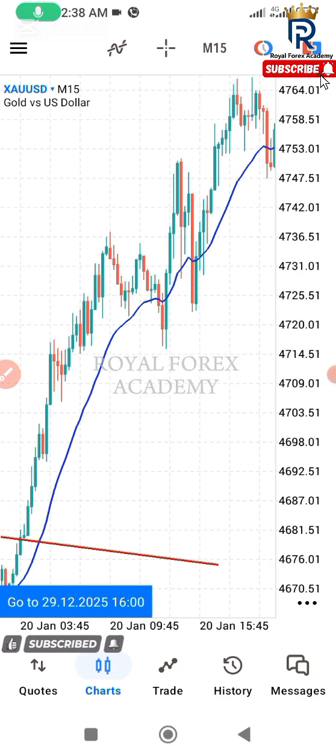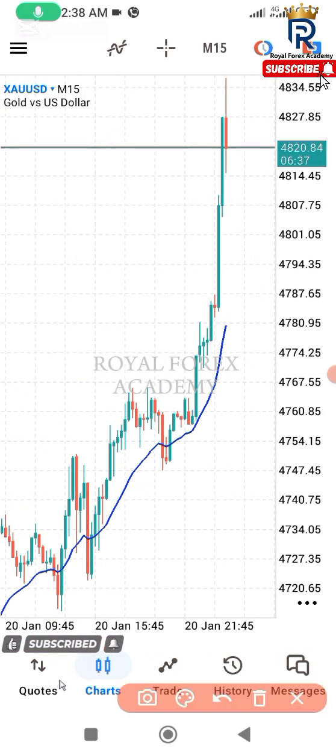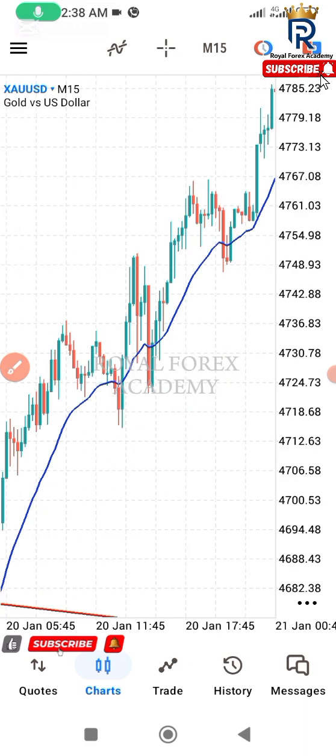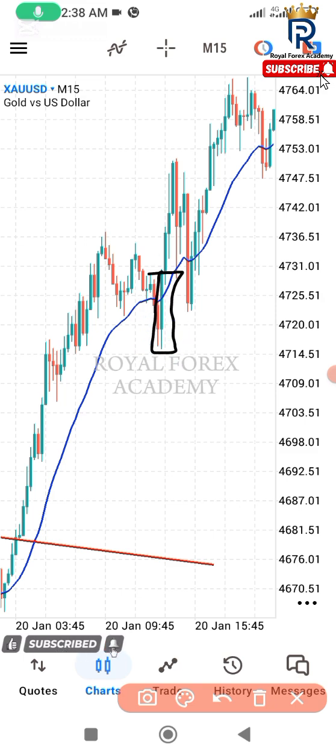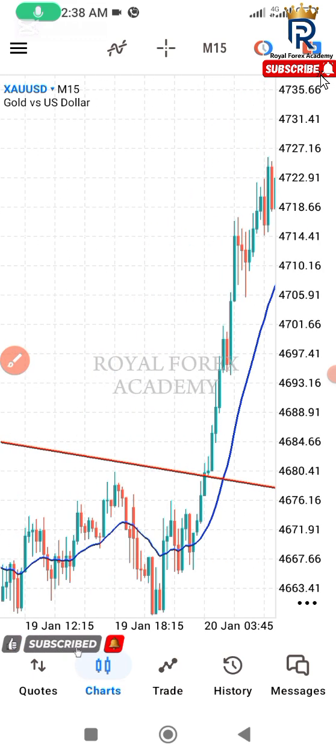So here is our 15-minute time frame. On the 15-minute time frame, this is one entry. You can see that after that particular one, we have this pin bar here. You keep getting the entry on and on. Here again is another one. The advantage of the lower time frame entry is that you get to have a smaller stop loss.